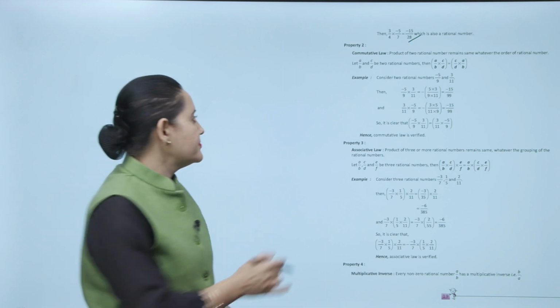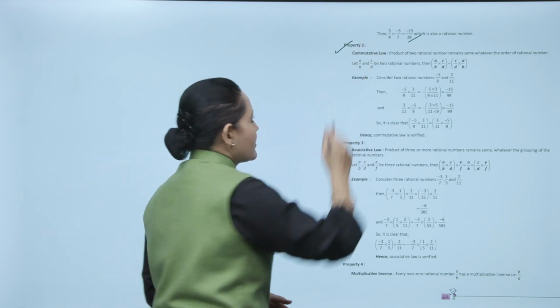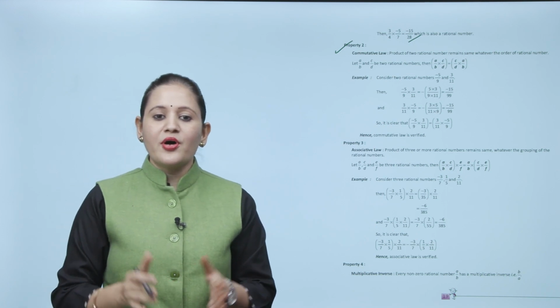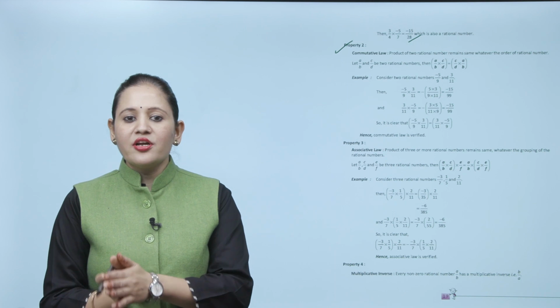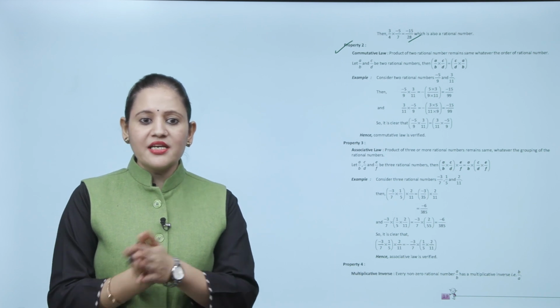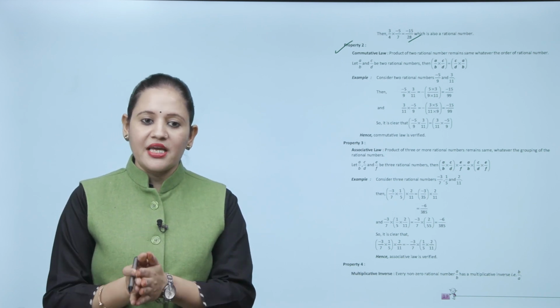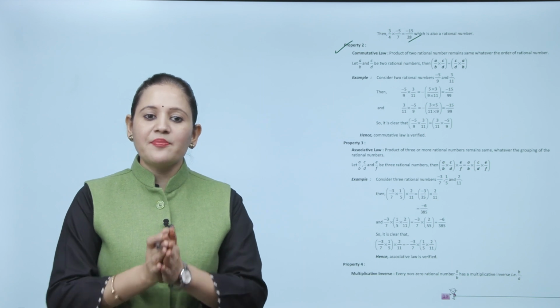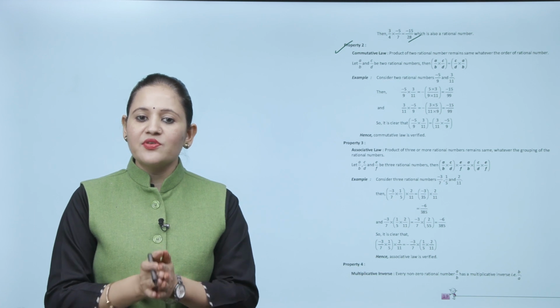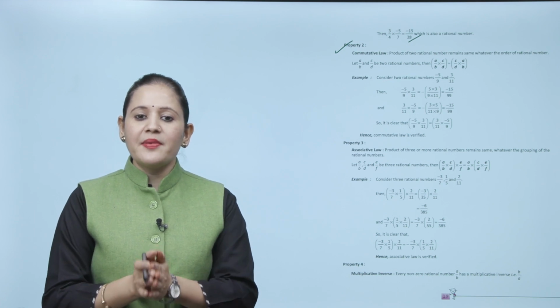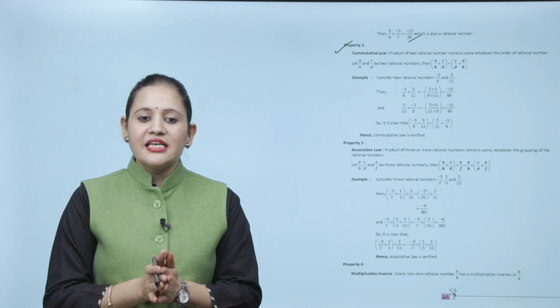Next, property 2. Commutative law. Product of two rational number remains same whenever their order of rational number change भी कर दे, तो जो प्रोडक्ट होगा वो सेम रहेगा. Let a upon b and c upon d are two rational number, then a upon b multiplied by c upon d equals to c upon d multiplied by a upon b. एग्जाम्पल लेते हैं.